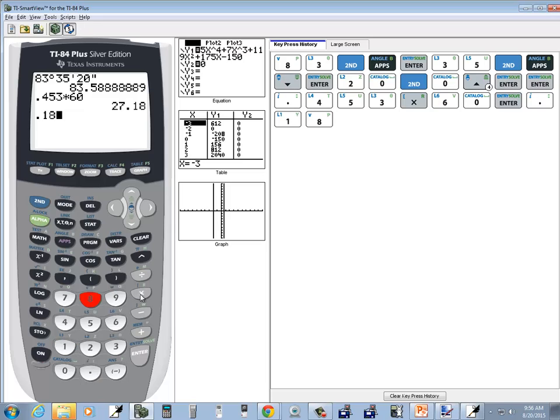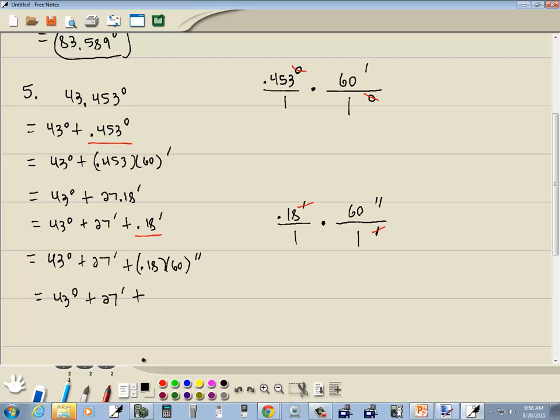We get 10.8 seconds. Do you leave the decimal there? Probably depends upon your application. Most times you don't see decimals written in these, so our answer would be 43 degrees, 27 minutes, and I'd round it to 11 seconds.